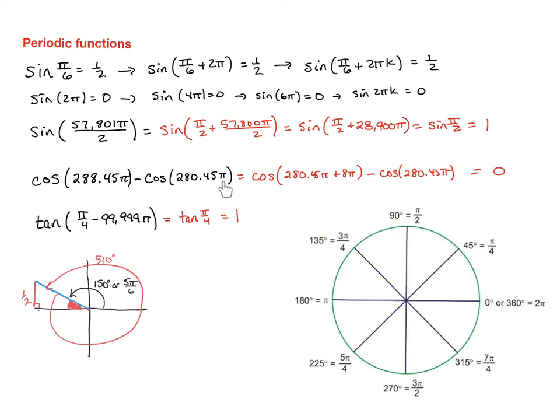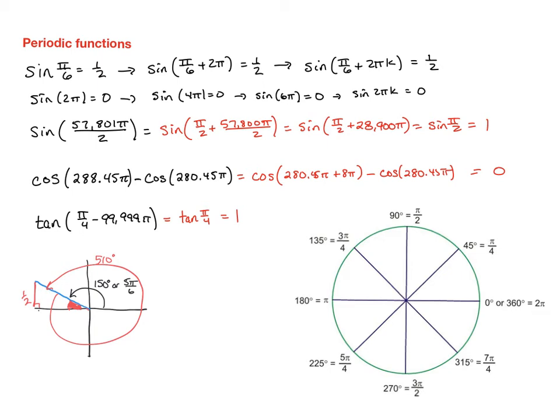In other words, here's the 280.45. I can get 280.45 out of this one, and then add 8 pi. And so what happens is 280.45 pi plus 8 pi. That plus 8 pi is just, again, going around 4 times. So we can just drop that off, and I end up with the cosine of 280.45 pi minus the cosine of 280.45 pi, which is 0.